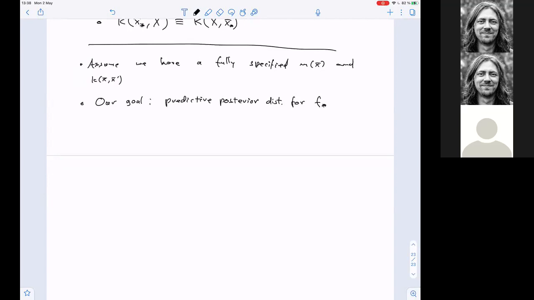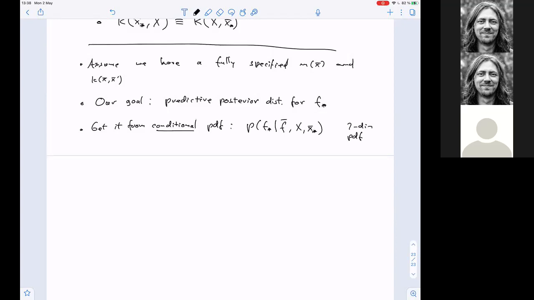And we get that from, quote unquote, just looking at the data we had. So we get it from the conditional PDF, P of F star, now conditioned on the known function values, F vector, and X matrix, and still the input points. This is now a one-dimensional PDF.